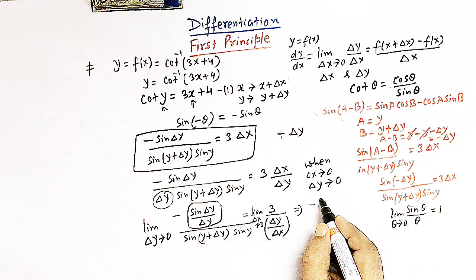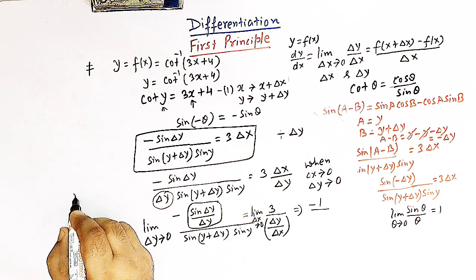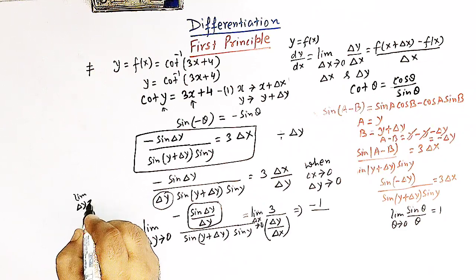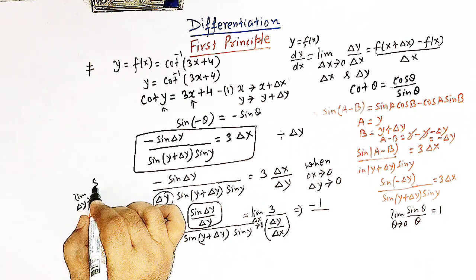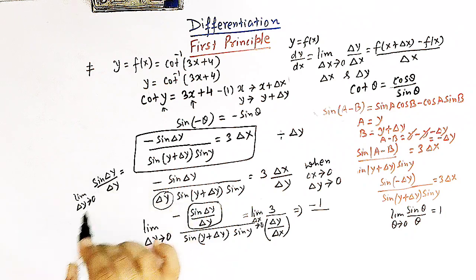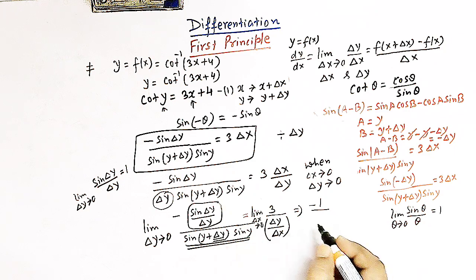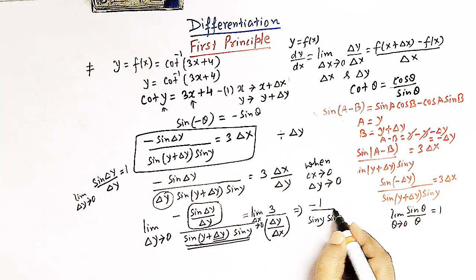So we have minus 1 in the numerator because limit delta y tends to 0, sine delta y over delta y is equal to 1. And here when we take the limit in the denominator, then this delta y goes to 0, so we have simply sine y, and here also we have a sine of y.